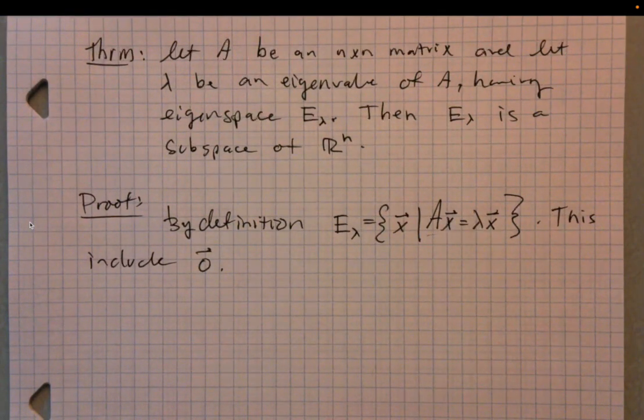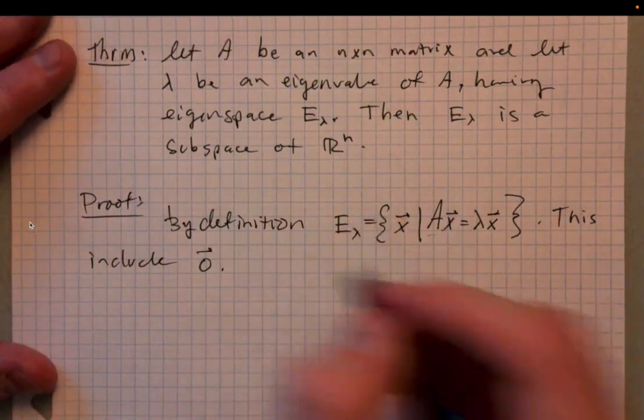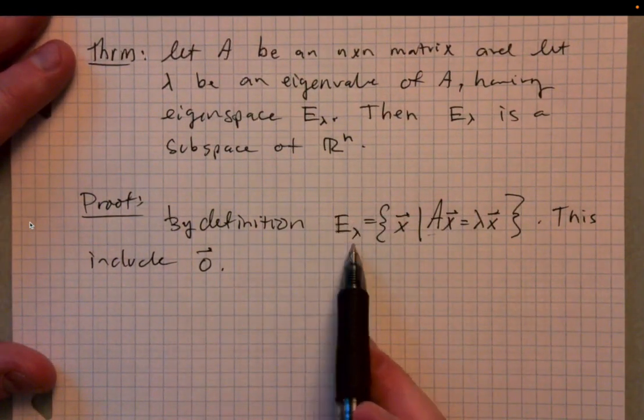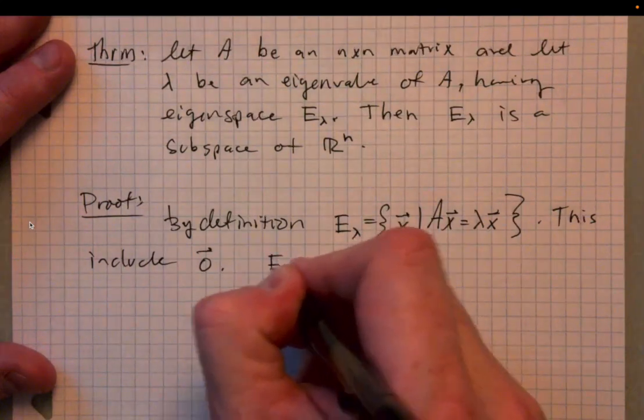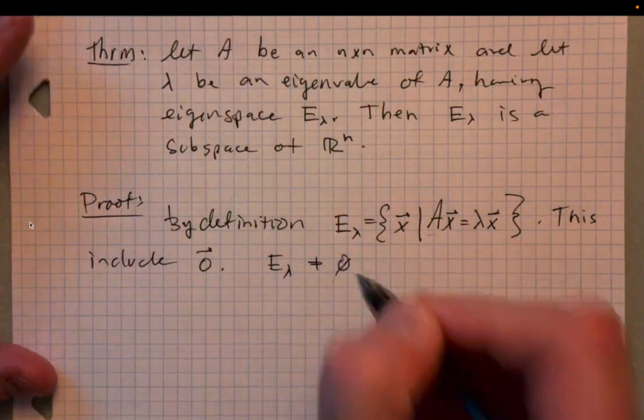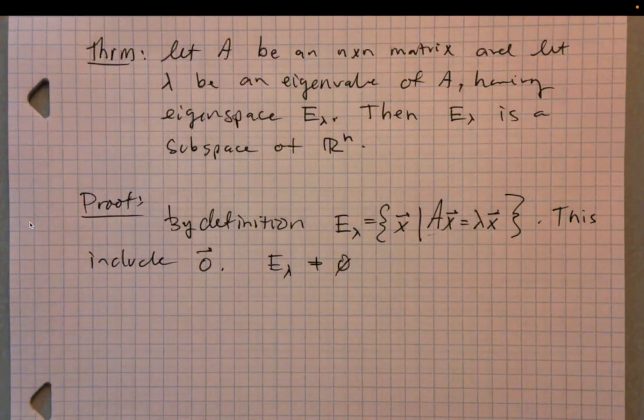And so what can we say about E sub lambda? Well, E sub lambda is obviously non-empty. First of all, lambda as an eigenvalue exists, and so it must have eigenvectors. And second of all, we know that the zero vector is in there automatically.